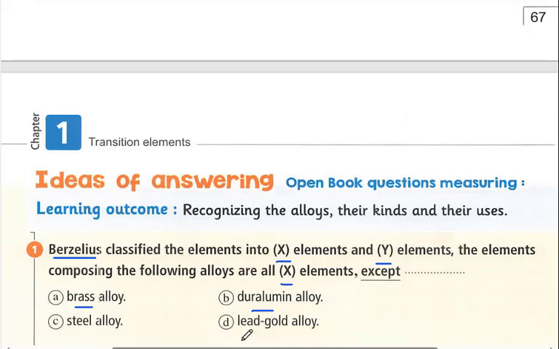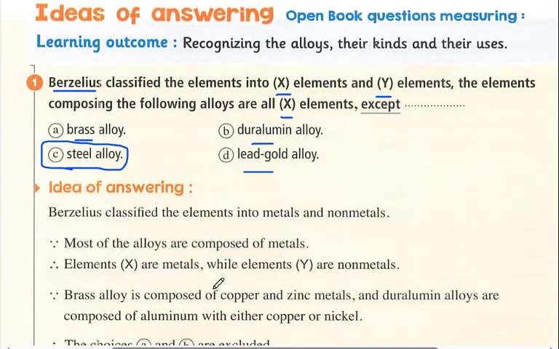Lead gold alloy, which is a kind of intermetallic alloy, Au2Pb, which is an intermetallic alloy. They are both metals. Steel here is an interstitial alloy of a non-metal, which is carbon, and a metal, which is iron. Okay, this is the exception, which is formed from X, which is metal, and Y, which is non-metal. All of these are formed of metals. Let's have another example.